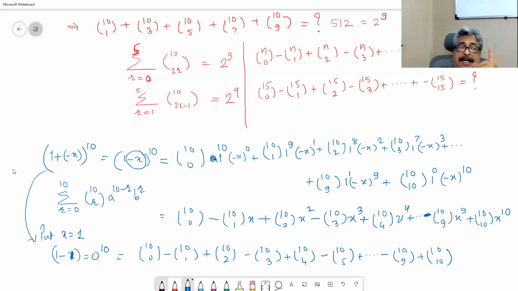So alternate summation adds up to 0. This result we already know. If all of them are positive, it is 2 raised to n.